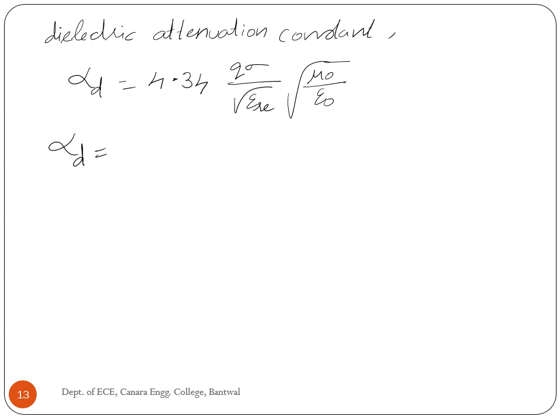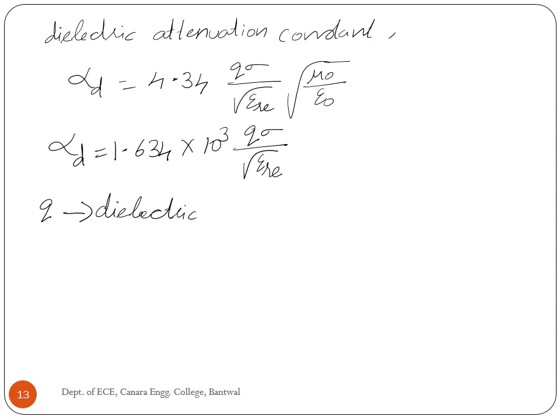Therefore, alpha D is equal to 1.634 into 10 to the power 3 into q sigma divided by root of epsilon r e, the effective dielectric constant of the substrate, where Q denotes the dielectric filling factor.